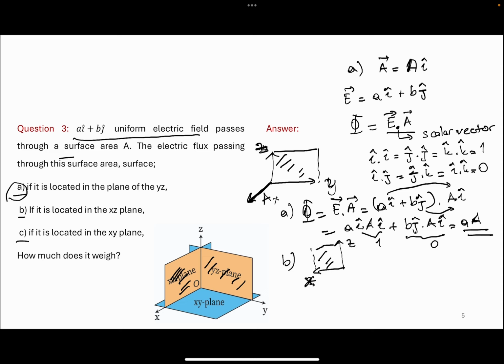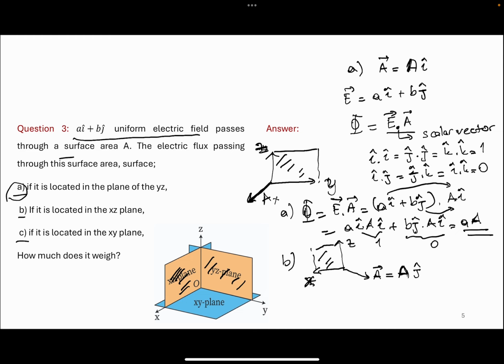The surface vector is perpendicular to the surface. How can I write it? Like this. x and z give, of course, a third vector, y.